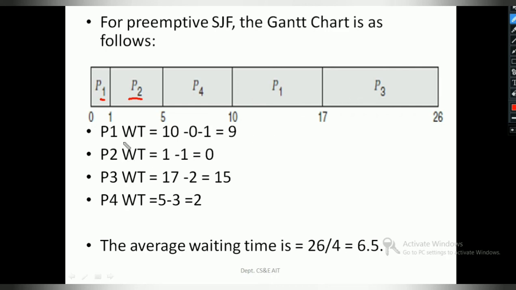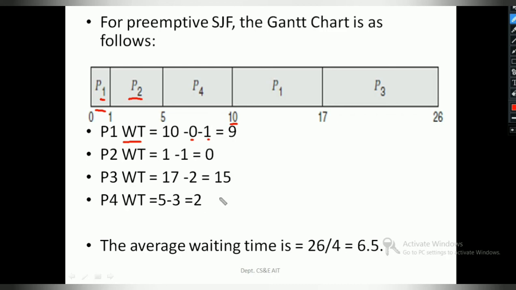As discussed earlier, how do I calculate my waiting time? P1 has waited for 10 milliseconds and the arrival time is 0, and in its previous occurrence it executed for 1 millisecond. So I get my waiting time of process P1 to be 9.